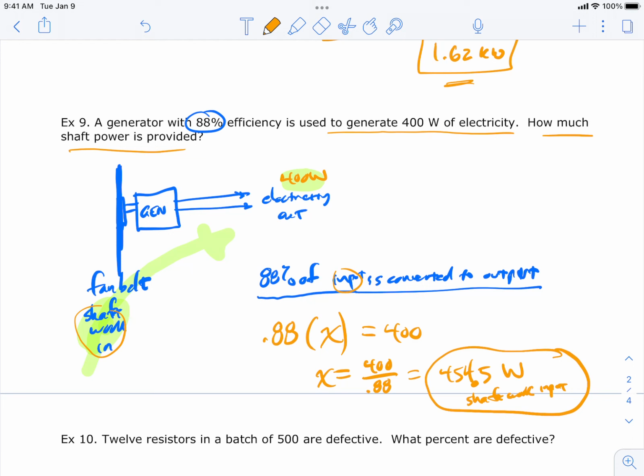By the way, notice we did not multiply anything by 0.88. People get very happy multiplying when they're doing percentage problems. They like to turn it into a decimal and multiply it by something. And then they go looking for a number.